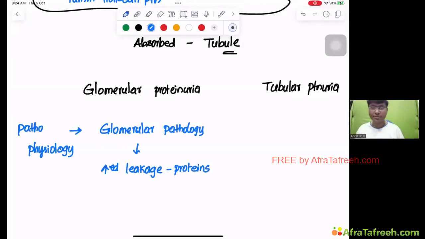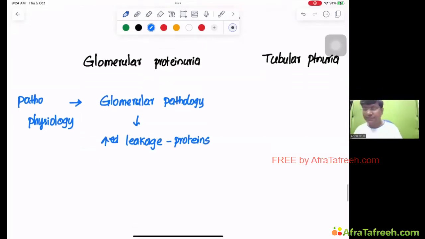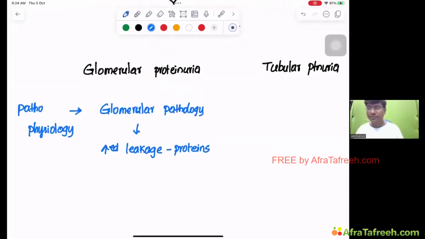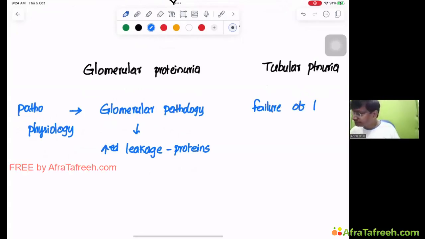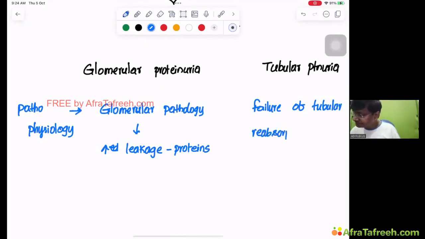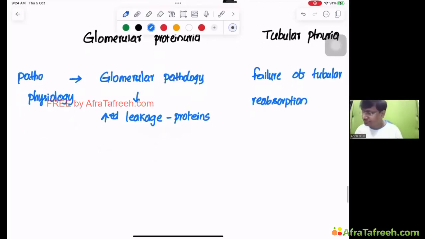That is called glomerular proteinuria. Whereas tubular proteinuria is failure of tubular reabsorption, which results in proteinuria, called tubular proteinuria.